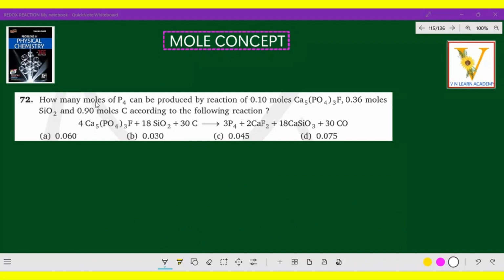The next question: how many moles of P4 can be produced by the reaction of 0.10 moles of Ca5(PO4)3F, 0.36 moles of silica and 0.90 moles of carbon according to the following reaction?